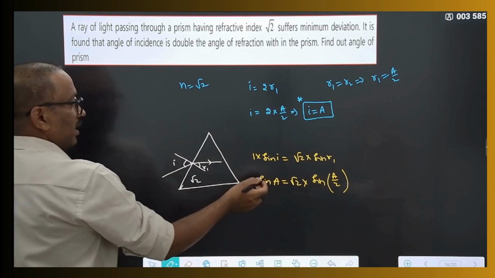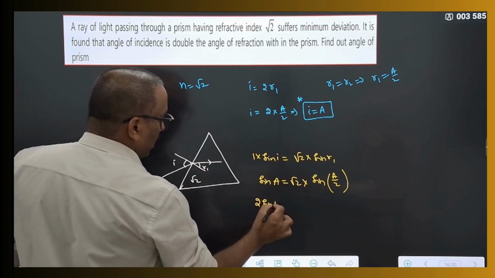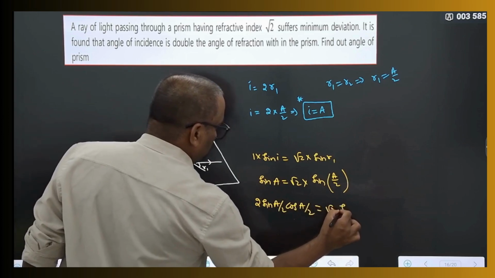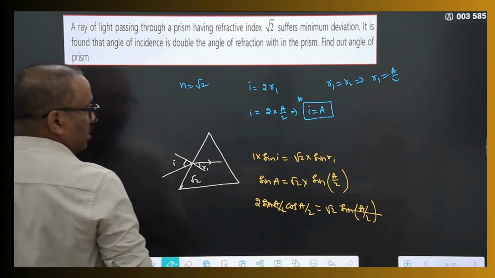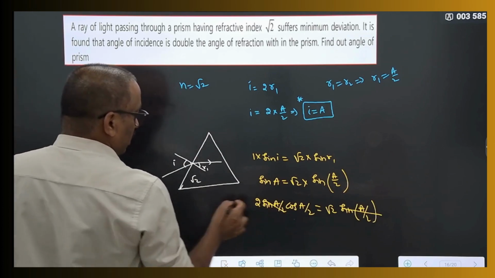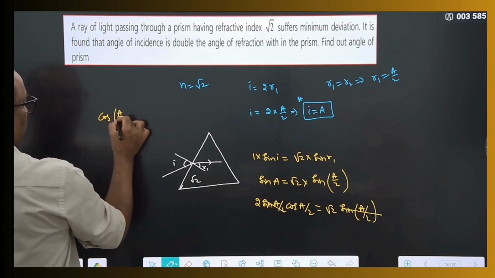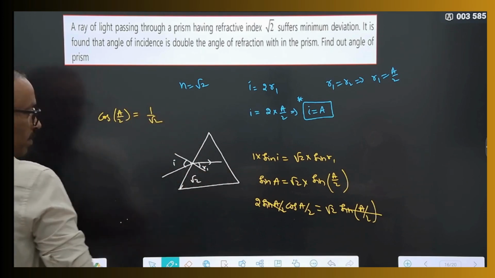Clear? Sine A, like sine of 2 theta, you can write as 2 sine A by 2 cos A by 2 is equal to root 2 into sine of A by 2. This will get cancelled out. So here cos of A by 2 is equal to root 2 by 2, which is nothing but 1 by root 2.